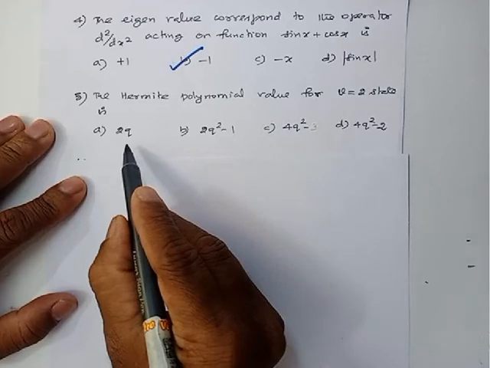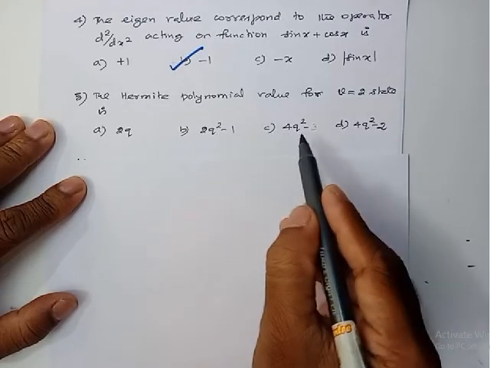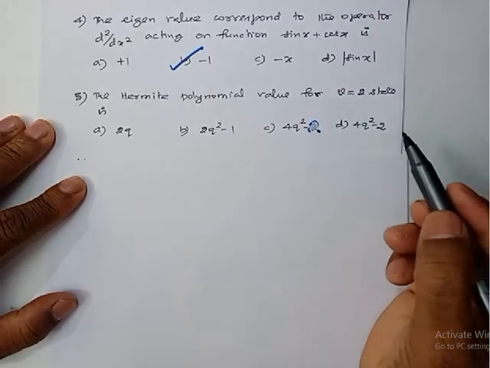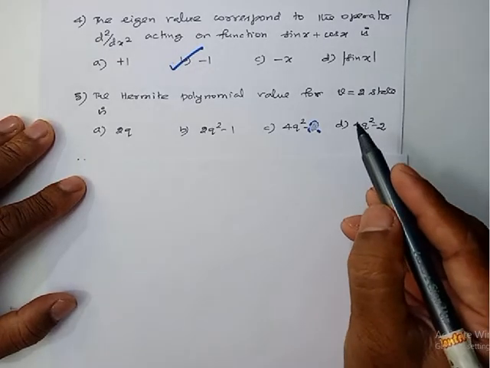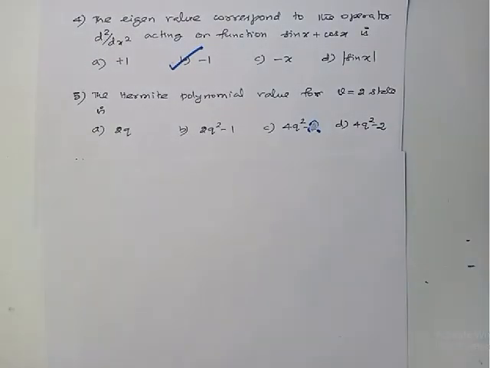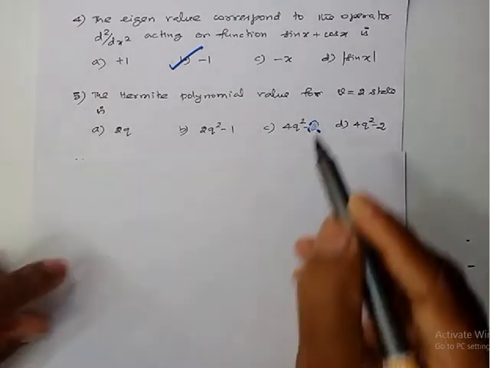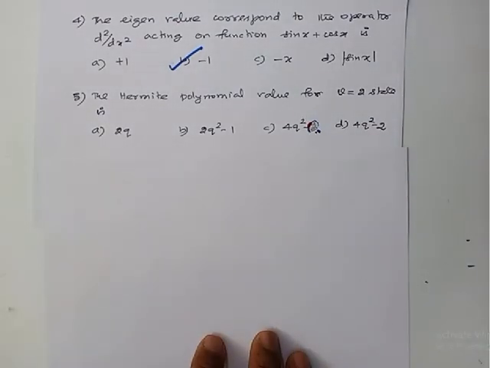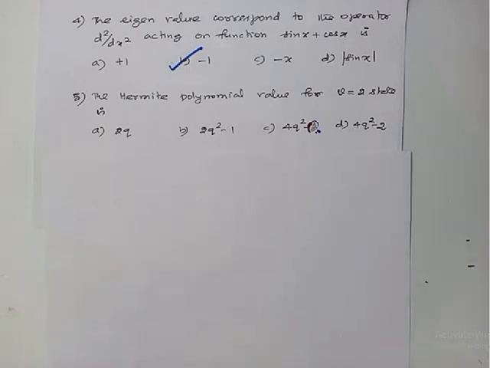Okay, options given: 2q, 2q square minus 1, 4q square, and 4q square minus 2. Sorry, I made a mistake reading the options; the third is 4q square and the fourth is 4q square minus 2. So we have 4 options. Okay, we need to find out the correct option.